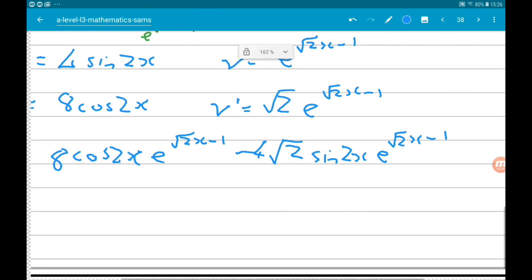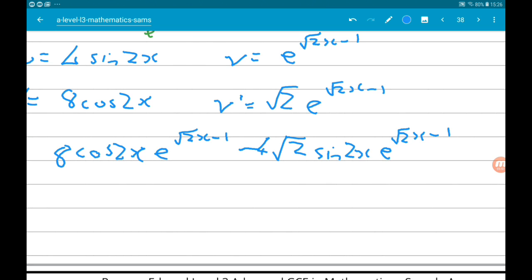Okay, and then that is all over v squared. So that's all over. Now don't worry about faffing around with it, because remember in a minute we're going to set this equal to 0 so we can get rid of the denominator straight away.